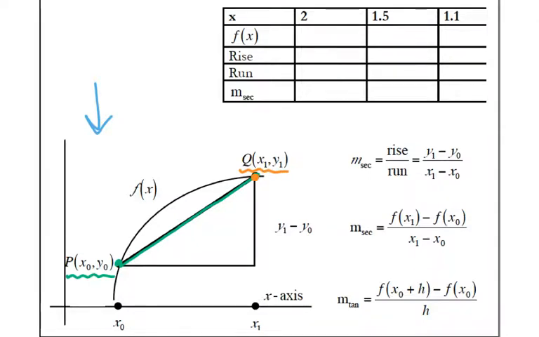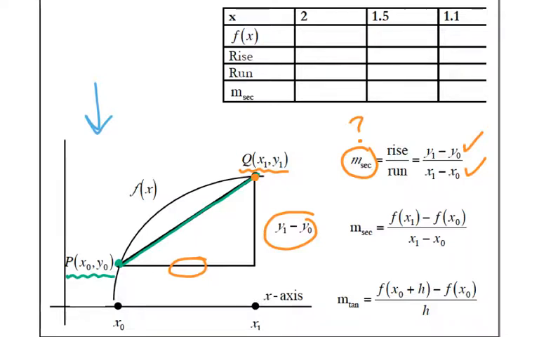All right, now if you were actually going to find the slope of that line between those 2 points, you would just do the rise over the run. That's it. Remember, rise is over here on the right-hand side. M, remember, is for slope. Sec is for secant. What is the slope of the secant line? Well, it's the rise, which is y1 minus y0, divided by the run, which is x1 minus x0. You remember that back from your algebra days.